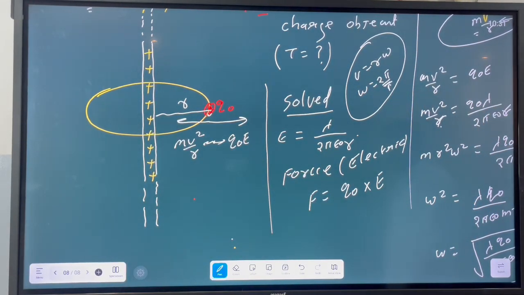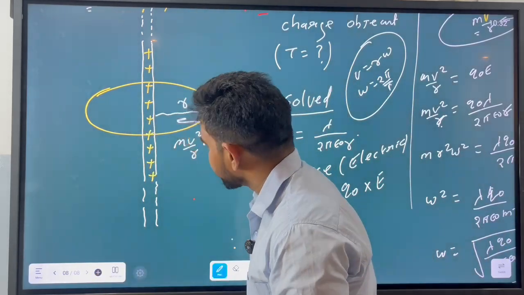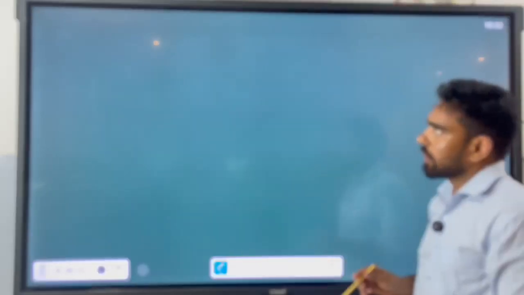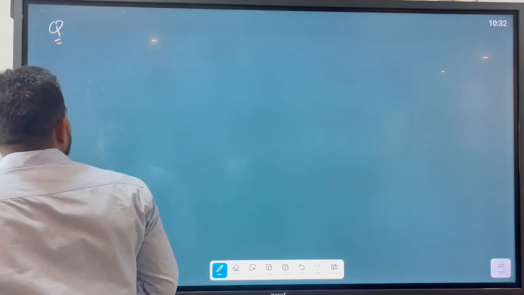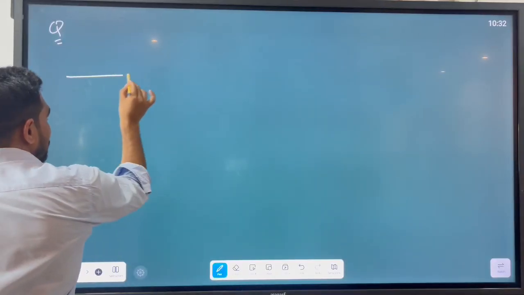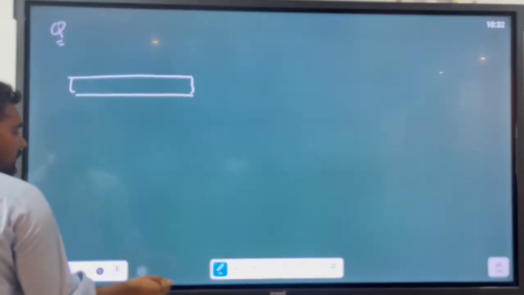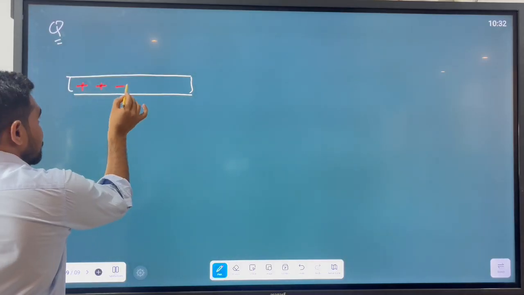For the next PYQ problem, next concept. Suppose that this is a uniformly charged rod, and the charge is distributed like this.